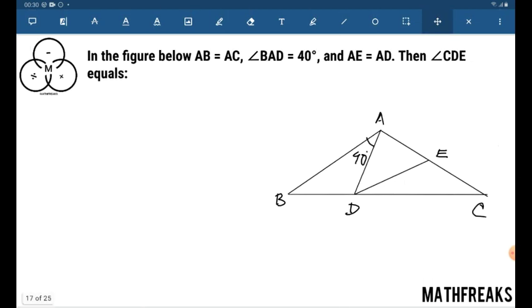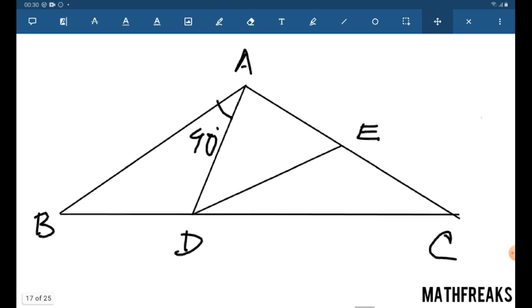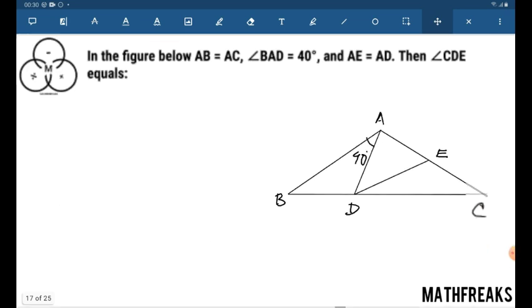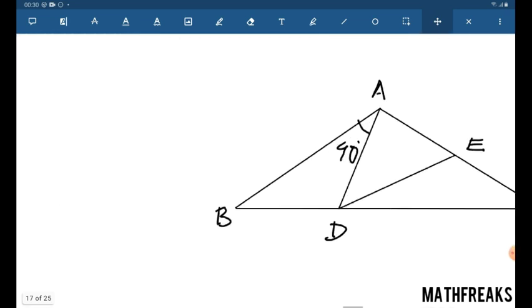Another one. We have been given BAD and also AE equals AD. Need to find out the value of angle CDE. AB equals AC. Angle CDE.